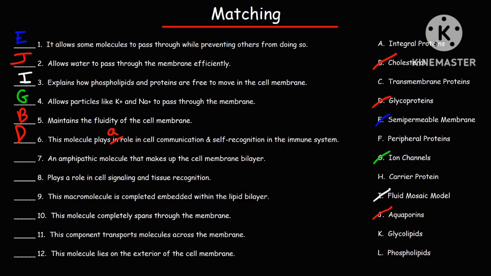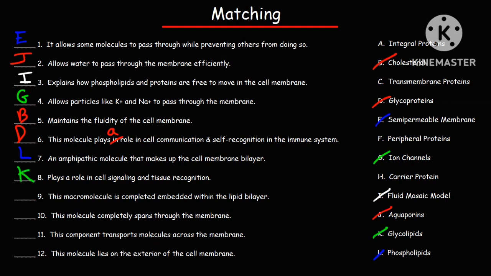Which one is that? So the answer is going to be L. Phospholipids are amphipathic. They contain hydrophobic and hydrophilic parts to themselves, and they make up the phospholipid bilayer of the cell membrane. Number 8. So this plays a role in cell signaling and tissue recognition. So this is going to be the glycolipids.